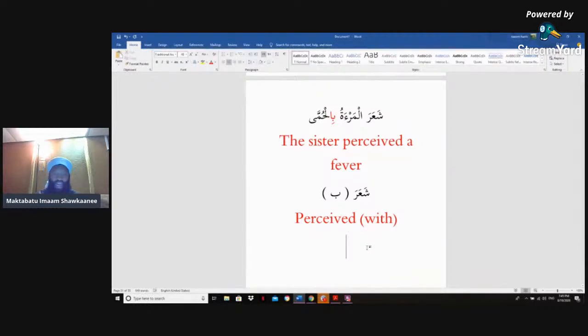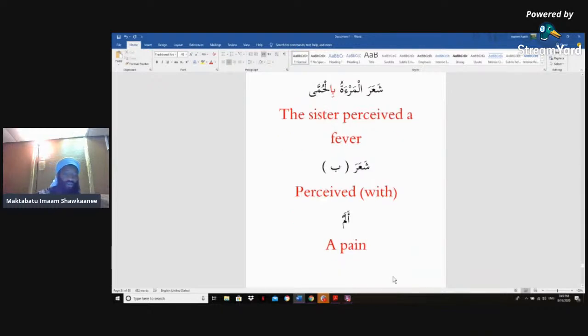So the next word, alamun. Alamun is a pain. We had this word 25 times.